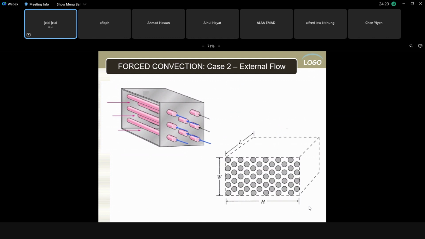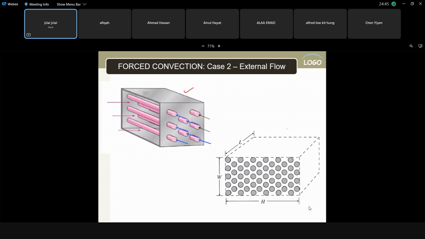Actually, this is how a heat exchanger looks like, something like this. Heat exchanger is a very common equipment used in chemical plant to do heat transfer, right?